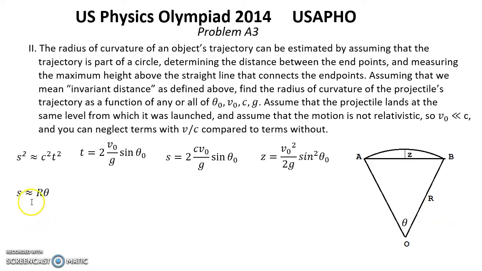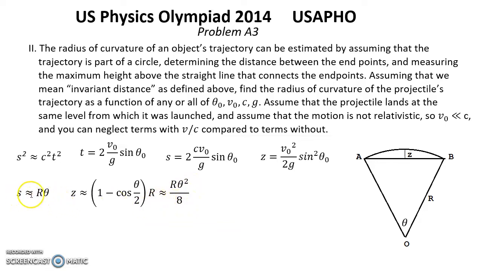We have s approximately equal to radius multiplied by a small angle theta, where theta is not theta 0, that's a different one. And we can also find z. So we have the maximum height approximately equal to this expression, which is r theta square over 8.